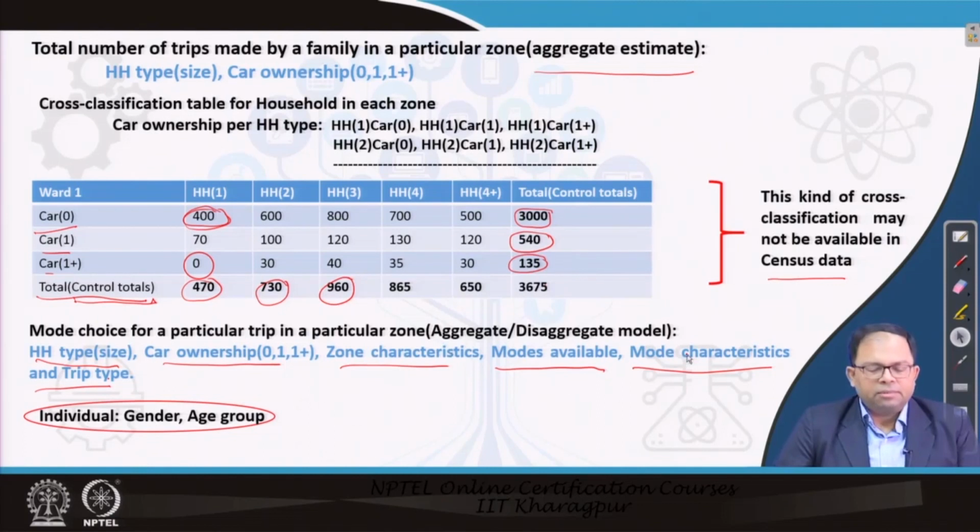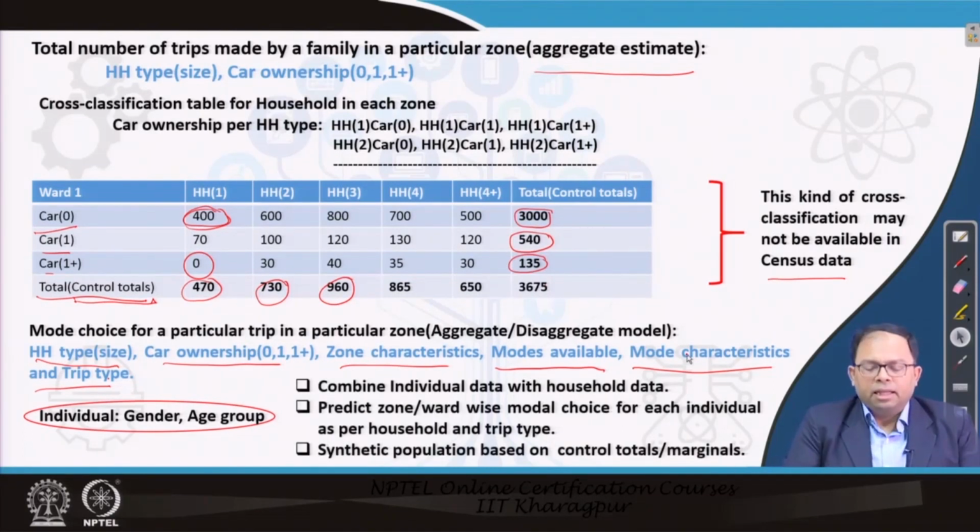So, in this case, we can see that not only the household data, but also individual data needs to be combined with household data. And we need to predict zone or ward wise modal choice for each individual as per household and trip type. So, this is what we need to undertake, but we do not have data for that.